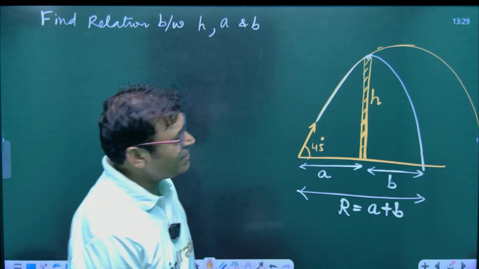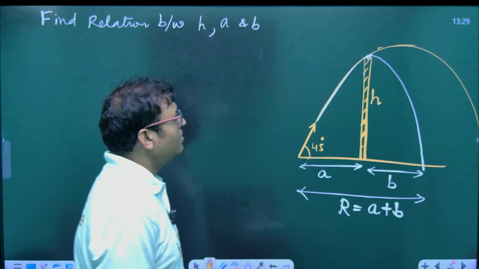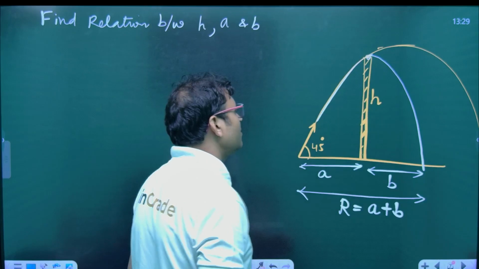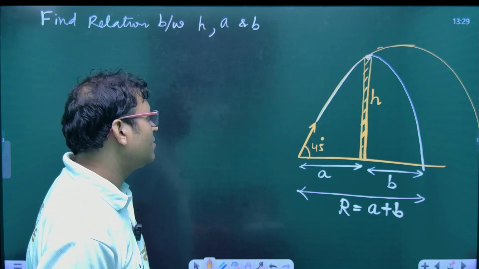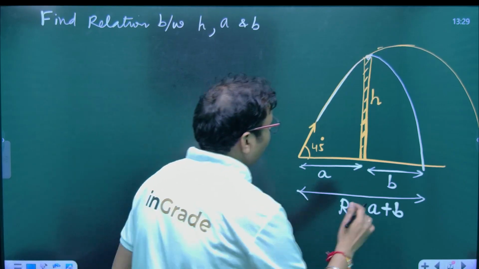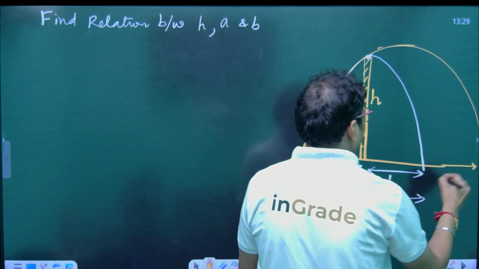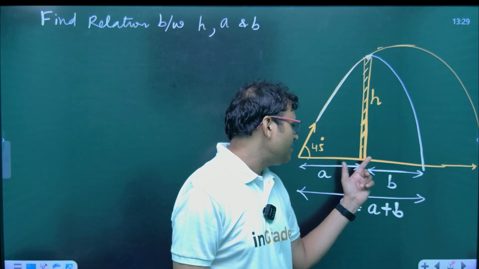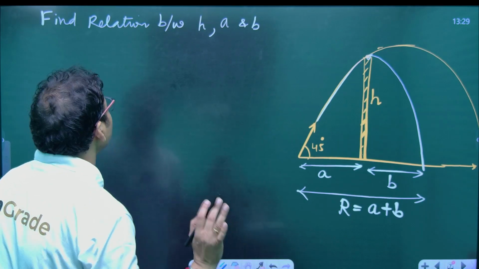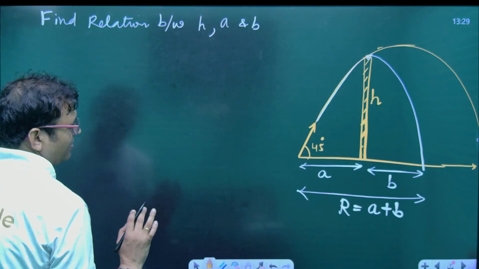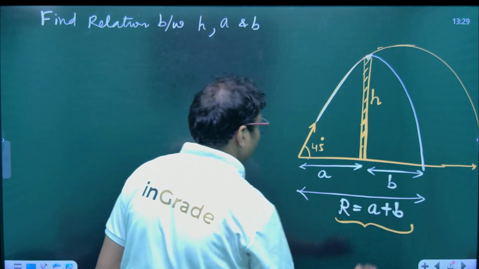The particle can go like this also. So B is the distance of the particle from the vertical wall when it hits the ground. So we need to find out the relation between them. So we can say R is equal to A plus B.